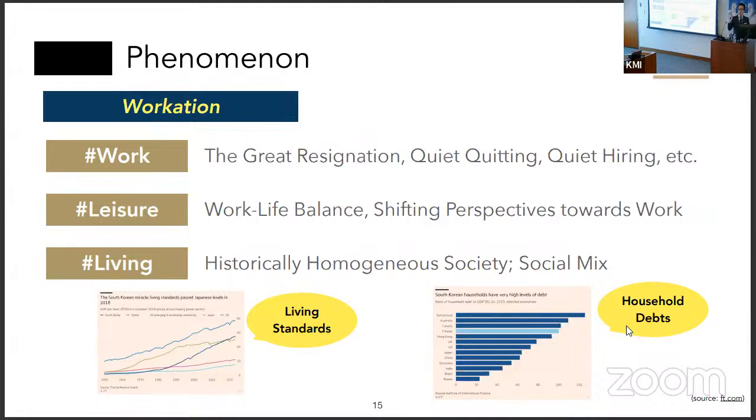First, all these keywords and business trends are relevant to South Korean society and entrepreneurs too. The first keywords related to the workation phenomena, work plus vacation: the great resignation, quiet quitting, and quiet hiring across the countries. These are the buzzwords, trending keywords in business. The great resignation, I will not give you all the details of each concept.